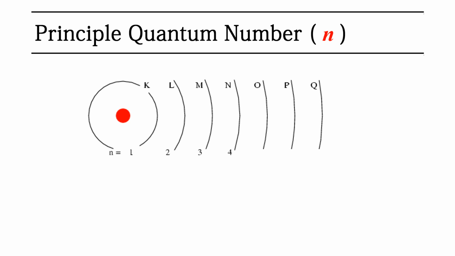Now we are using the numbers 1 to infinity to represent the principal quantum energy levels. Therefore, the principal quantum numbers are used to identify the energy levels.